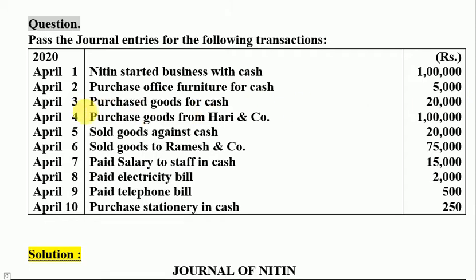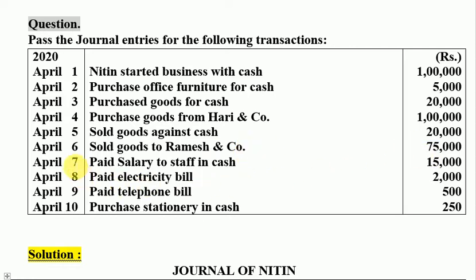On 3rd April, purchased goods for cash worth rupees 20,000. On 4th April, purchased goods from Hari and Company worth rupees 1 lakh. On April 5th, sold goods against cash worth rupees 20,000. On April 6th, sold goods to Ramesh and Company worth rupees 75,000.